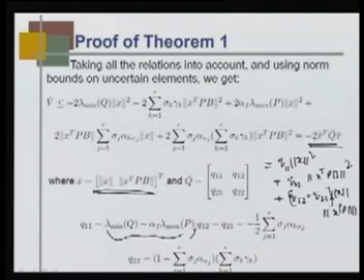Then this x bar transpose q bar x bar is this quantity q11 norm x square, q22 norm x transpose p b square plus q12 q21 norm x into norm x transpose p b. So you can easily see that x bar transpose q bar x bar is this quantity.